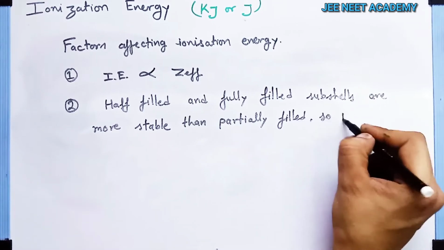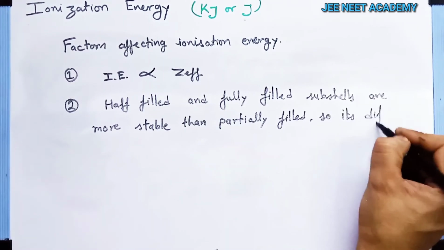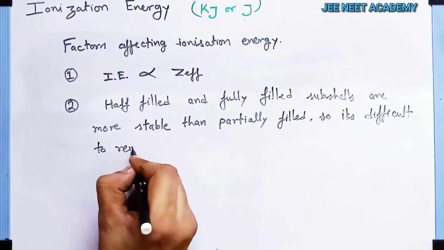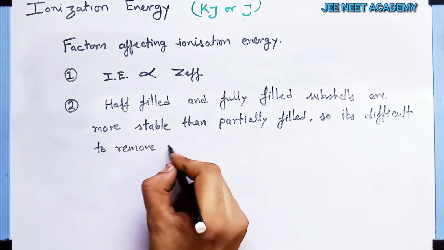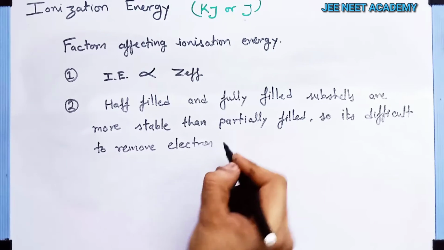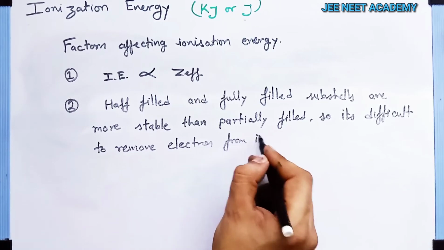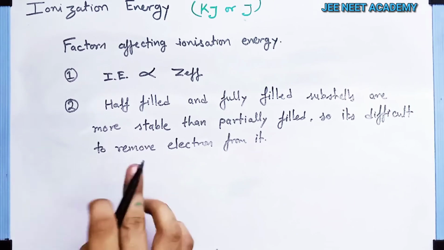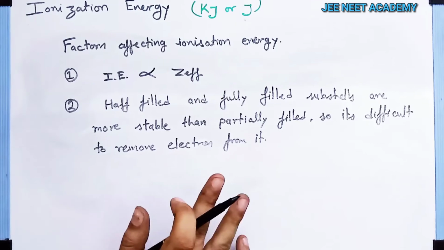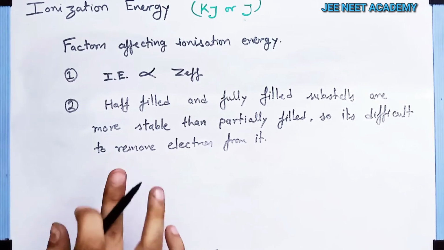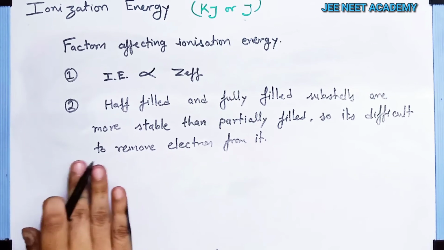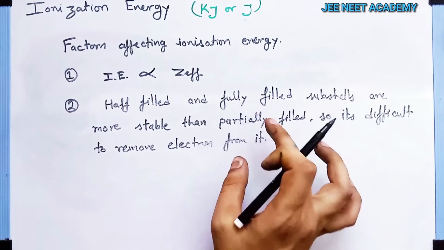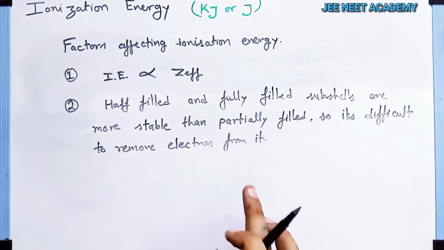So it's difficult to remove an electron from it. This is a very important point, because when we solve the last year problems, this concept will come in questions. So we have to remember this concept always, because it will affect the order of ionization energy.